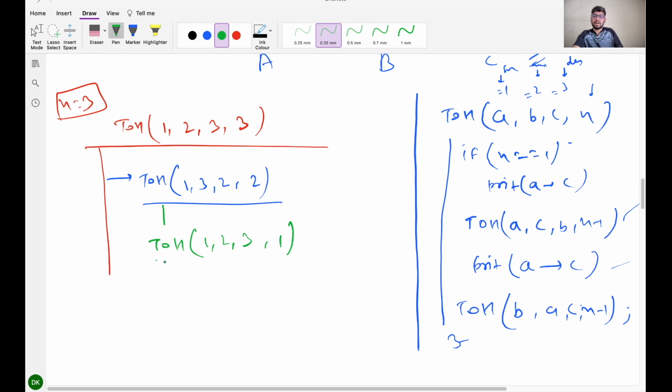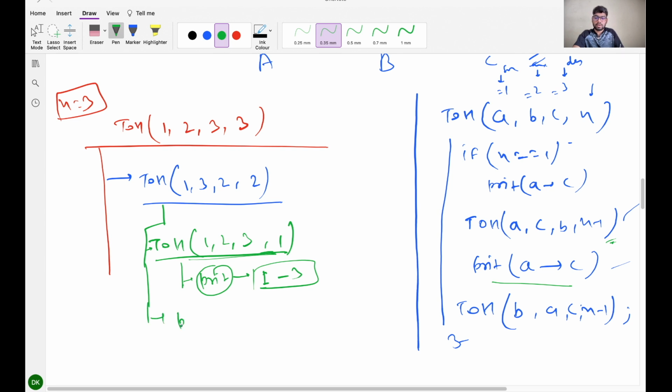At this time we get n equal to 1, and we satisfy the base condition and we just print 1, A to C. After completing this recursive call, I just have to print A to C for n equal to 2.